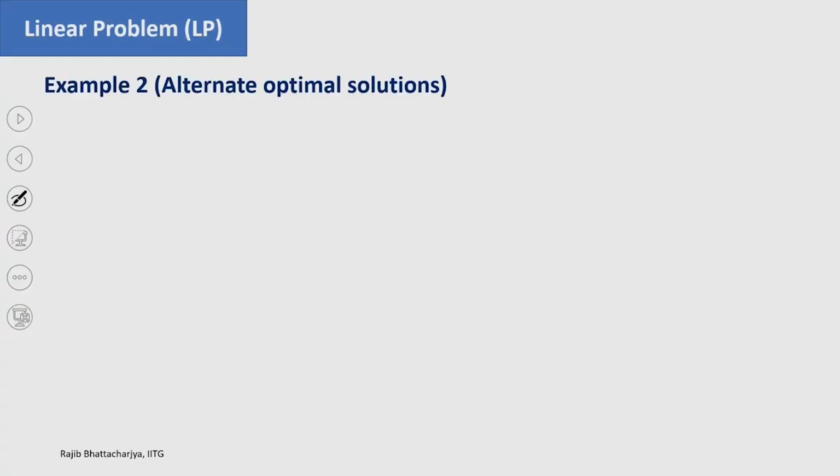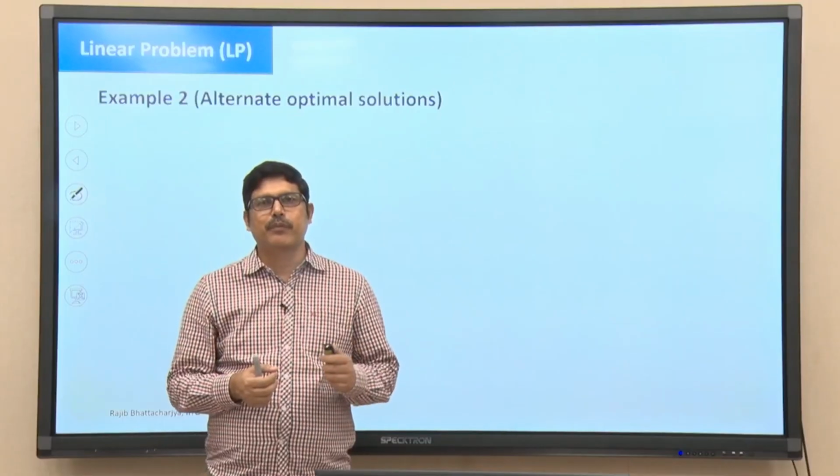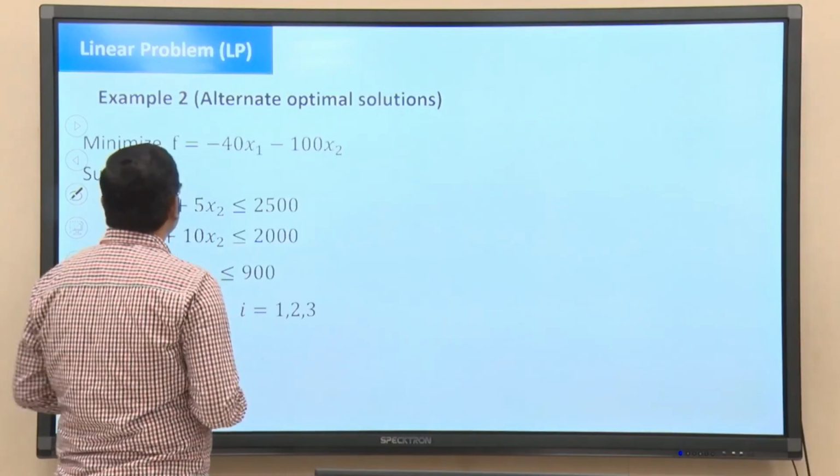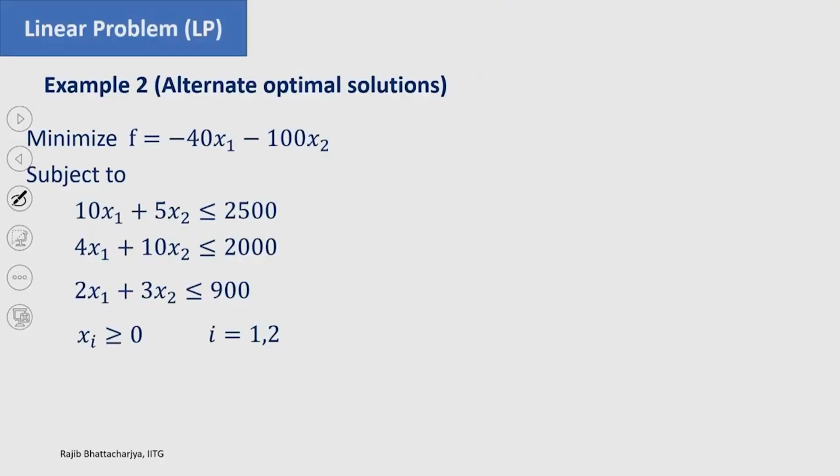Now, let us see another example problem. In this case we will have an alternate optimal solution. Okay. So, let us solve it and then I will explain. This is a minimization function. Minimize f equal to minus 40 x 1 minus 100 x 2. There are 3 constraints.